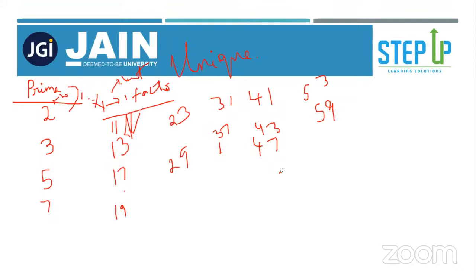Okay, 61. Yes, 61. 63 will not come. 67, yes.